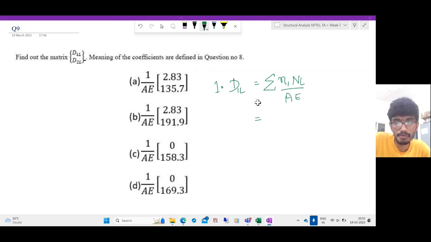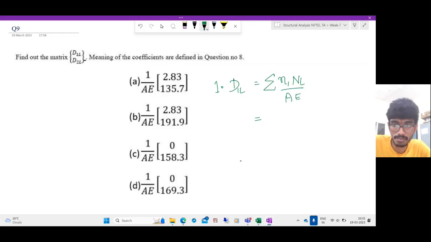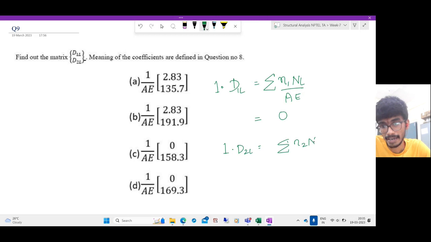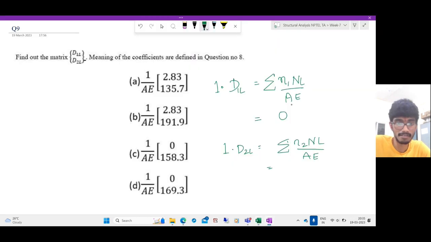What is that value? Summation N1 NL by A is 0. And what is D2L? Same thing, summation N2 NL by A, which is 169.37. So the matrix D1L, D2L is nothing but this.